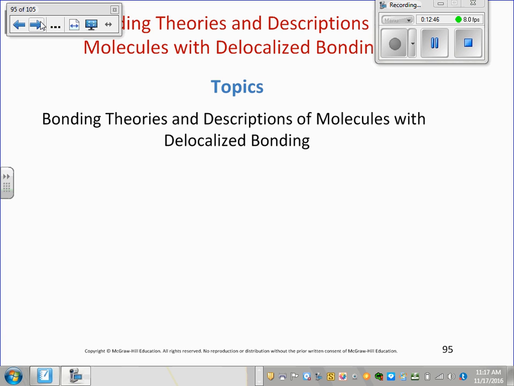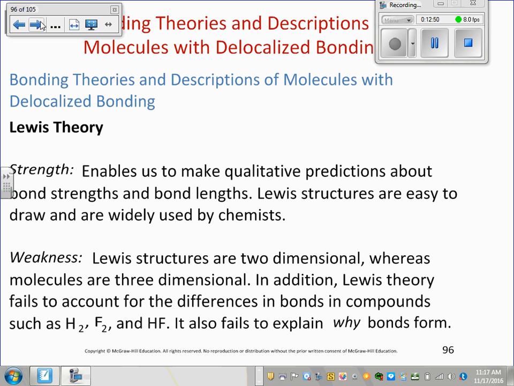So let's describe molecules with delocalized bonding. So the Lewis theory, what is its strength? We can make qualitative predictions about bond strengths and bond lengths.